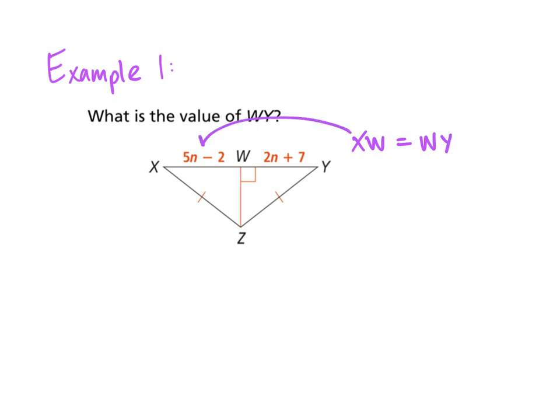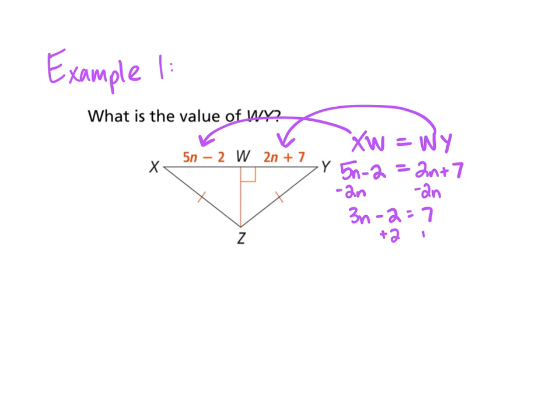Now the distance from X to W is 5n minus 2. The distance from W to Y is 2n plus 7. So now we substitute 5n minus 2 in for XW, and 2n plus 7 in for WY, and now we have an algebraic equation we should be able to solve. I'm going to subtract 2n from both sides, and that gives me 3n minus 2 equals 7.